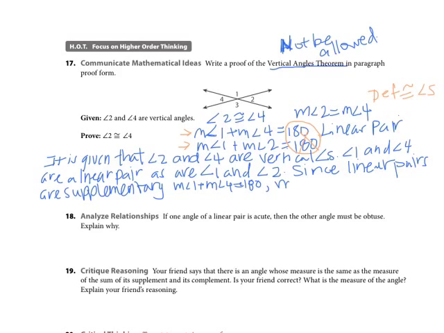And the measurement of angle 1 plus the measurement of angle 2 is also equal to 180. The measurement of angle 1 plus the measurement of angle 2 is going to be equal to the measurement of angle 1 plus the measurement of angle 4 by the transitive property.